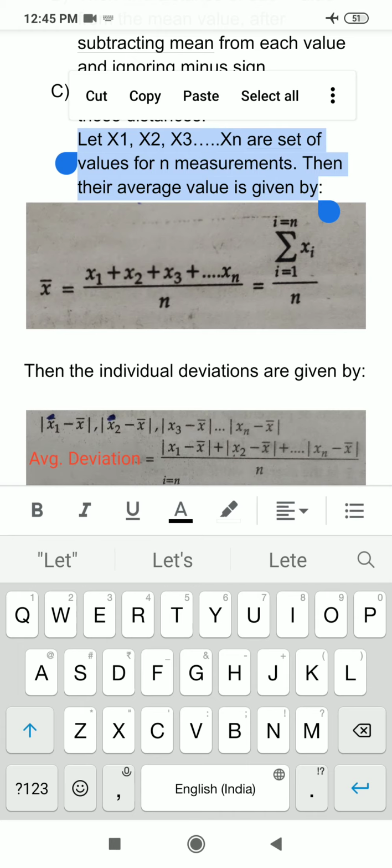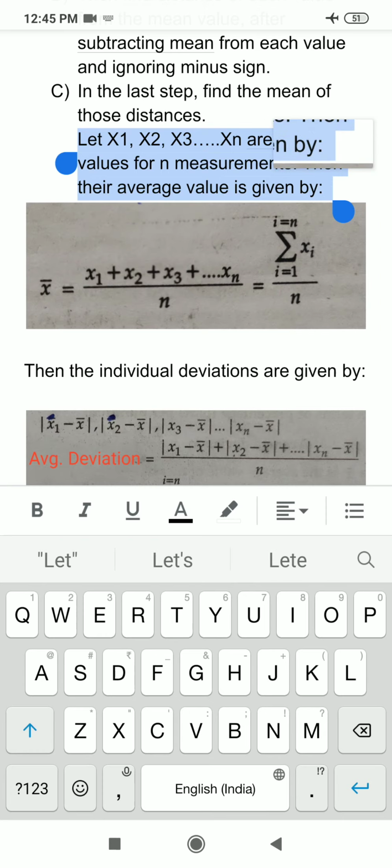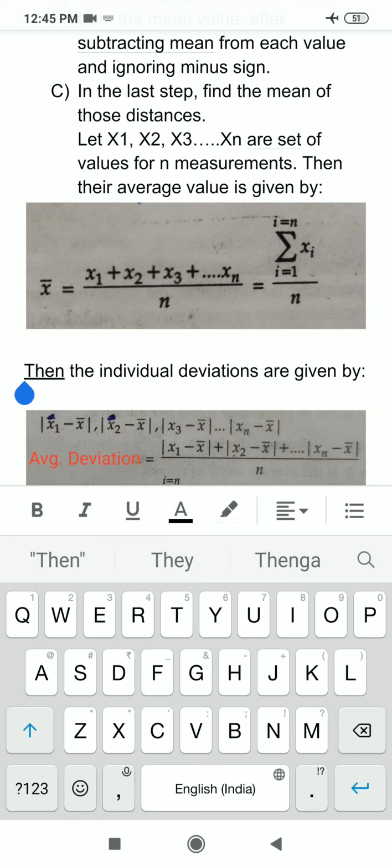Now we have determined the mean, but now we have to determine the individual deviations. Now the individual deviations are given by, as we are having individual values represented by x1, x2, x3 so on up to xn, and average value or mean value is x bar. So I can write the individual deviation will be x1 minus x bar.